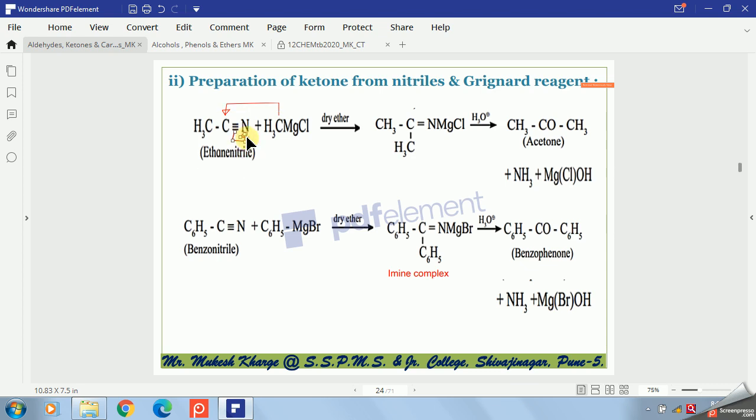In this way there is a breaking of bond, the triple bond gets converted to double, and this negative part attracts the MgCl.